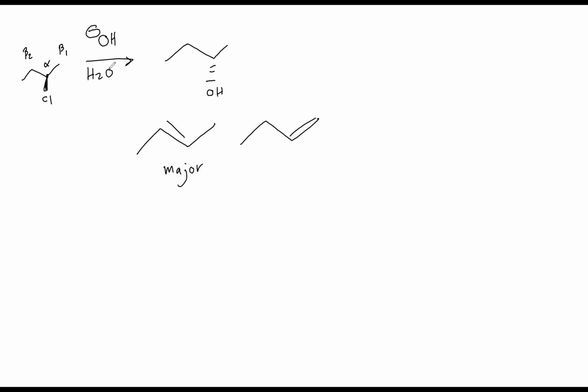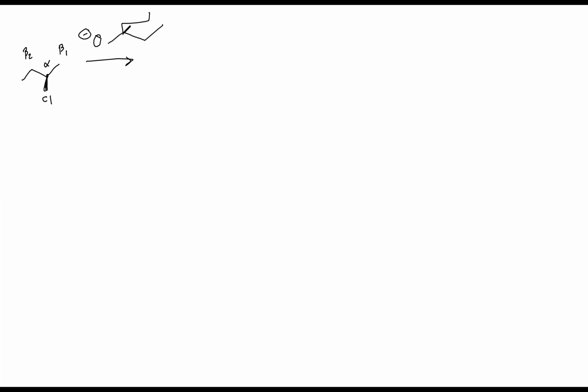Exactly. The only time we'll have only one of those products is if we're using a strong, bulky base. So let's say we're using this one right here. You may see this referred to as CH3, CH3, CH3, CO negative, or tert-butoxide.